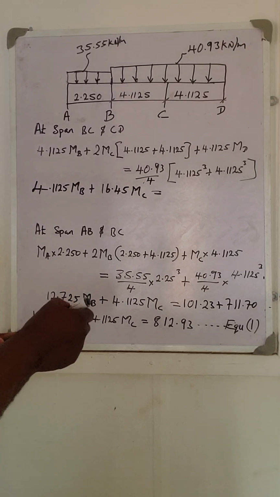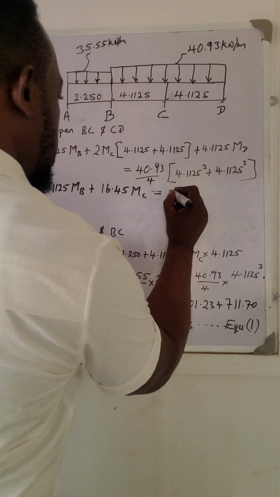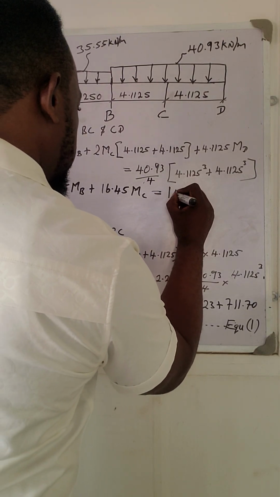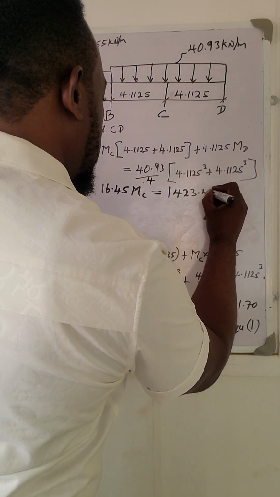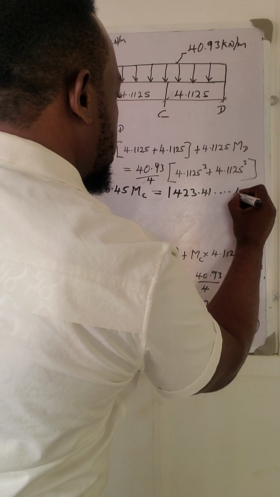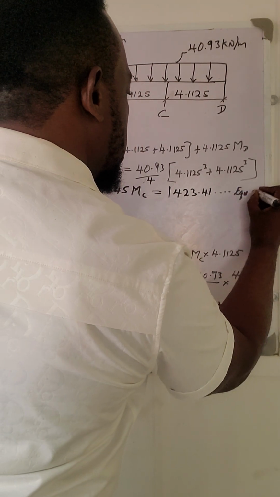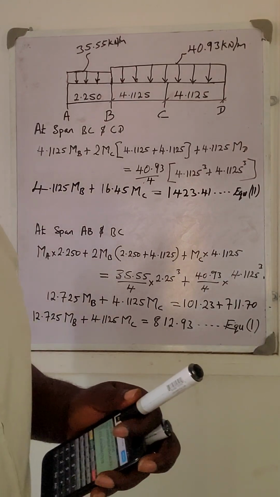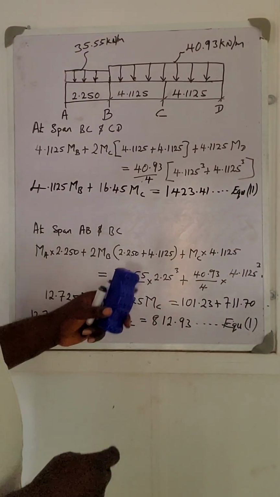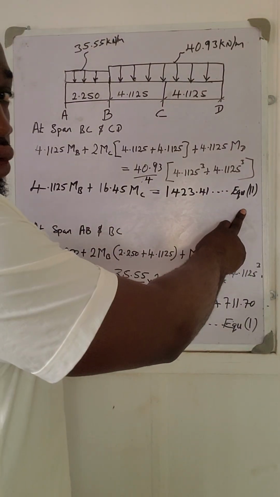This will give me 1423.41. This is our equation 2. Yeah, we have gotten this equation 2.